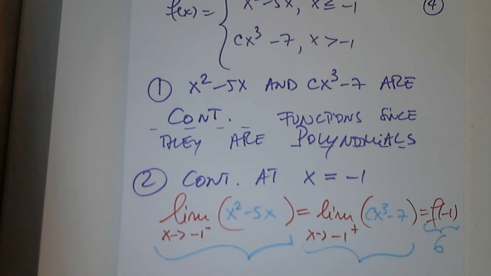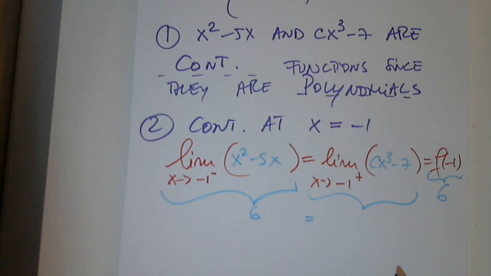The left-hand side is definitely 1 plus 5, and the other one is c times -1 minus 7. Good. So then, negative c equals 13, so c equals -13.